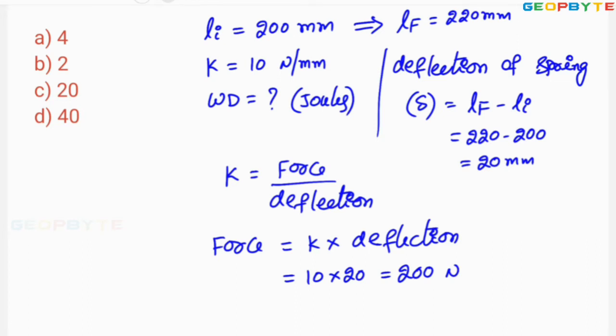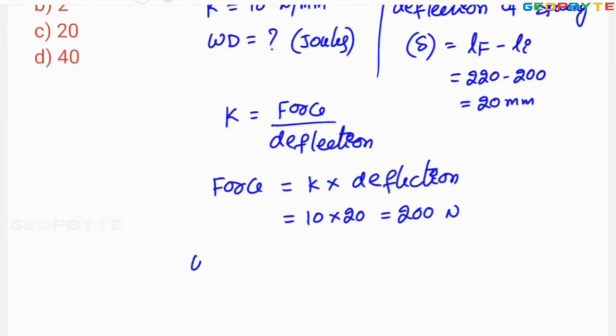200 newtons. Now come to the work done. Work done equals force multiplied by the deflection of the spring.